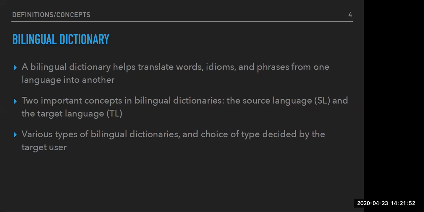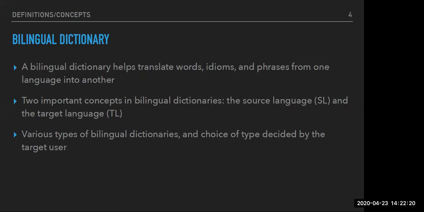The head words, or rather the words that you look up in the dictionary, the first element of every column, the lexical item you're looking up, would be in Hindi. So that would be the source language in a Hindi-English dictionary. Now, the target language is obviously the language that the word is being translated to, or that you're giving equivalence for. So these are just two terms that I want you to keep in mind.